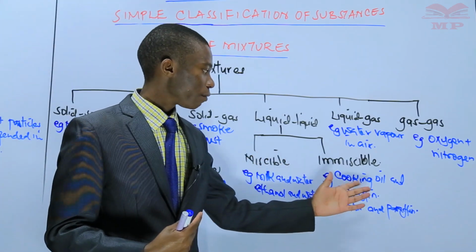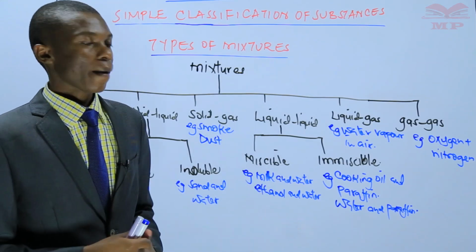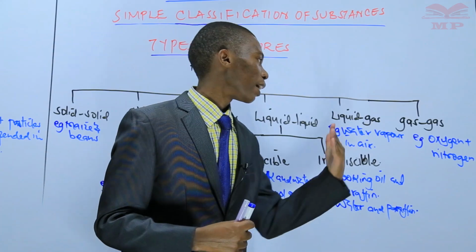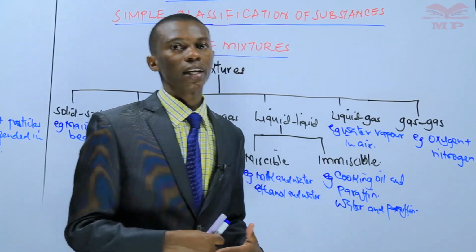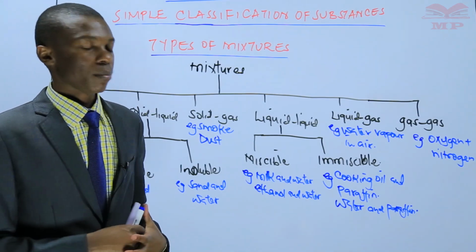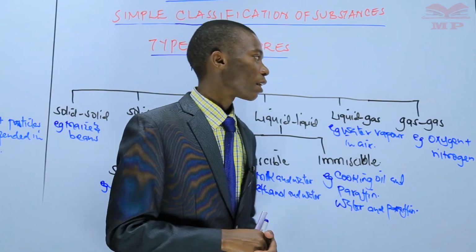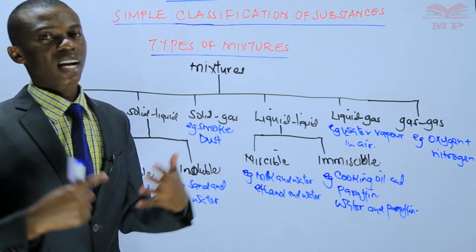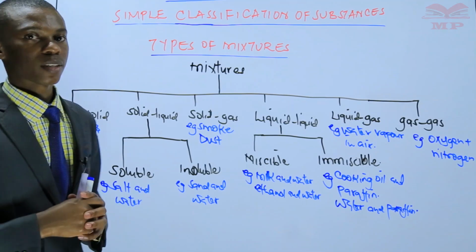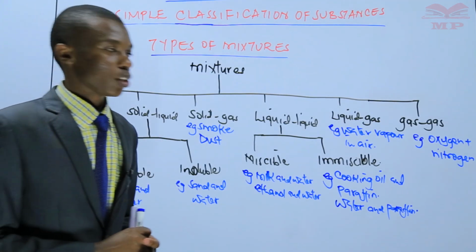We have the example of cooking oil and paraffin, and water and paraffin. Then in a liquid gas mixture, we have water vapor in air. Water is a liquid, then air is a mixture of gases. Therefore, it's a liquid gas mixture. And then a gas mixture, you have oxygen, nitrogen, carbon dioxide, neon, argon, gases in the atmosphere. Therefore, those are our classifications.